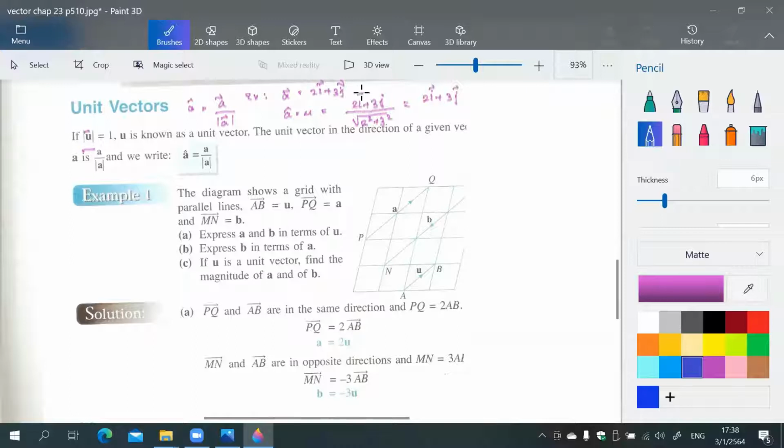And the denominator, 4 plus 9, becomes square root 13.